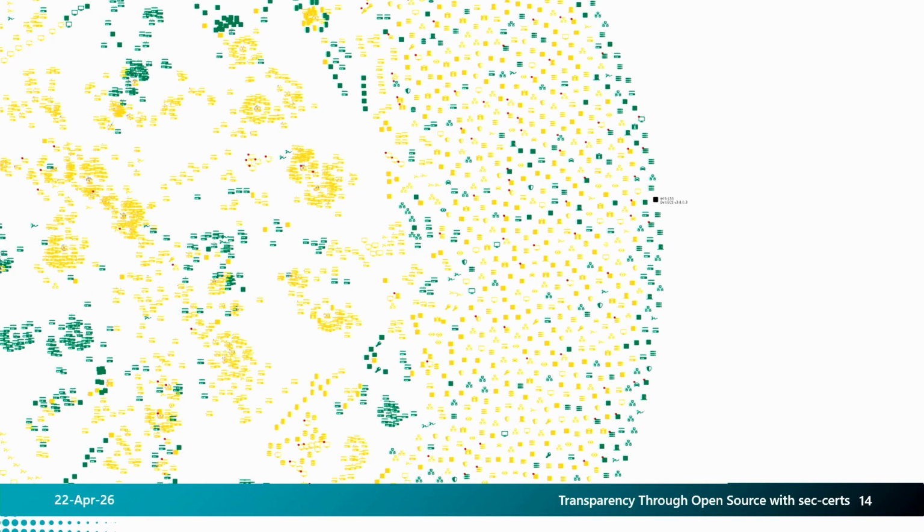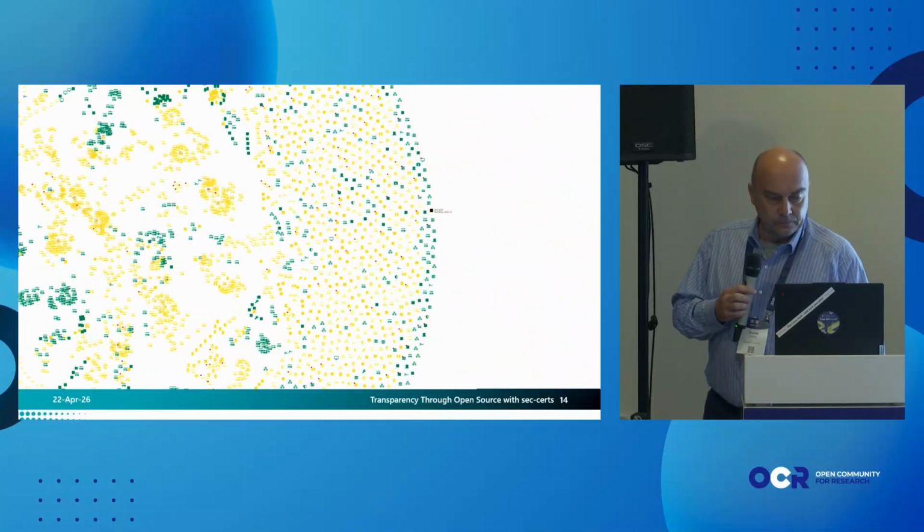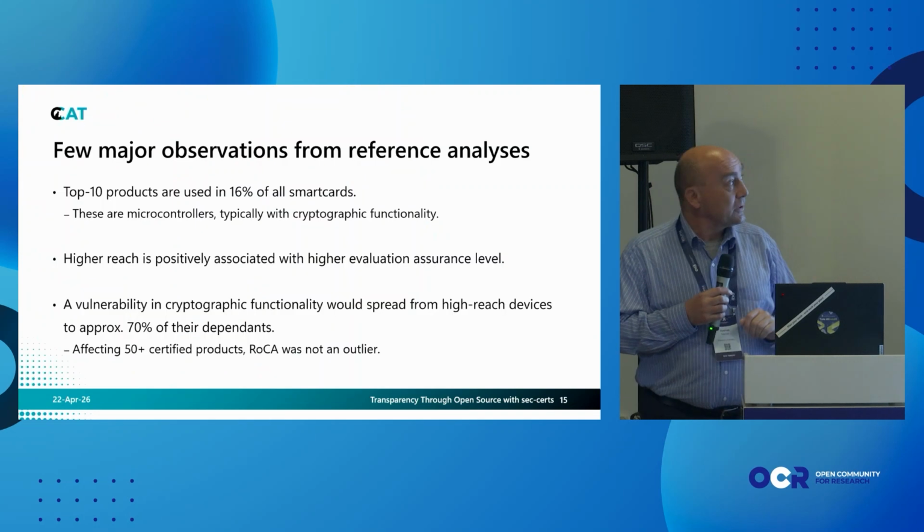Where the icon is green, it's an active certificate. Where the icon is yellow, it's an archived certificate. And as you can see, for example, here, you often have clusters of dependencies between active and archived certificates. So what do we do using this graph?